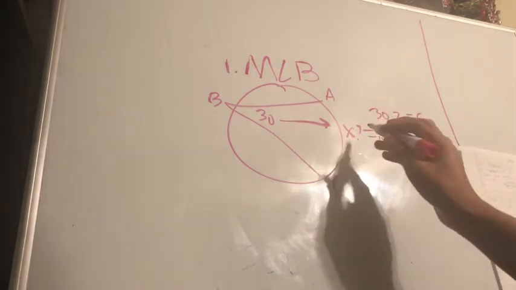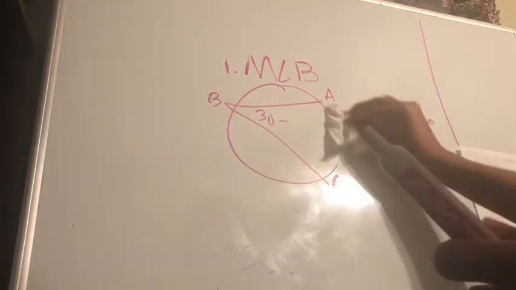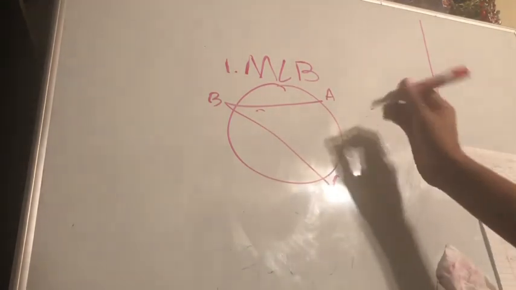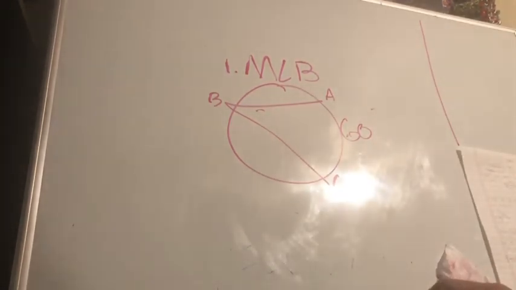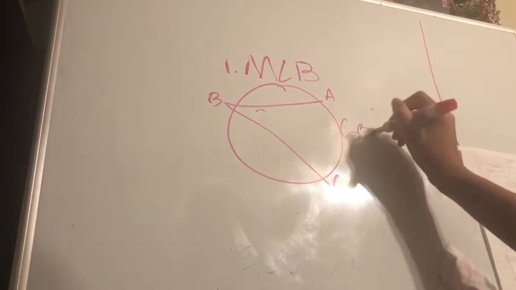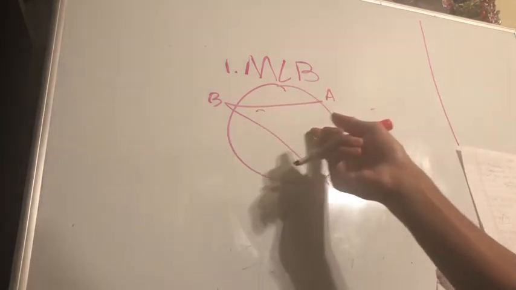So if 60 was out here, hold on, let me redraw this. Okay. So another example. If 60 was out here, then we would do times 1/2. Because then you're going smaller. You're going into a smaller angle.